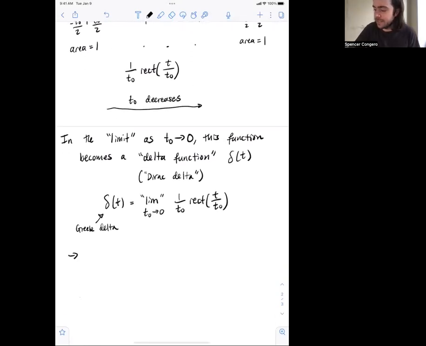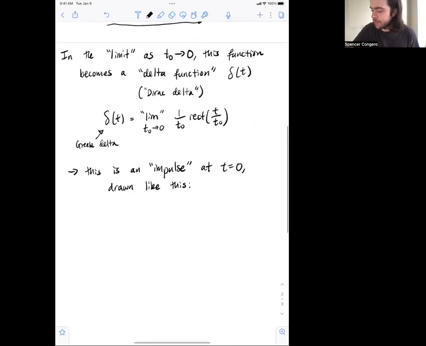Okay, so this is an impulse at t equals 0, and I'll show you how we draw it. Drawn like this. Okay, so we draw some axes, and then we draw it with these 2 vertical bars like this, and then a triangle on top.